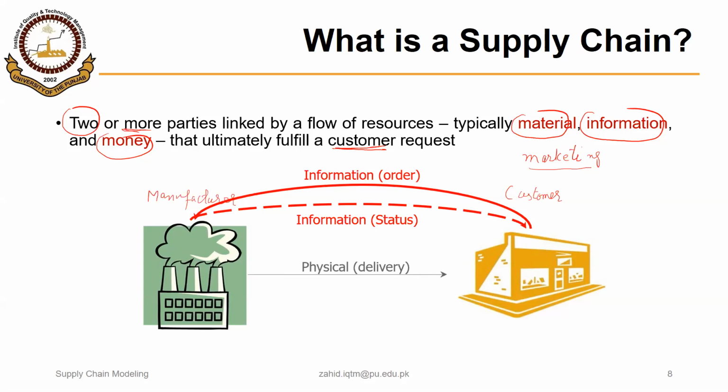The second is the flow of material or the products. So we call it physical flow. In a manufacturing supply chain, and I will emphasize here that in this course we will basically focus on manufacturing supply chains, the reason is that most of the terminology available in literature also focuses on manufacturing organizations, because the concept of supply chain basically started with manufacturing organizations, specifically automobile manufacturing organizations, and more specifically Toyota.